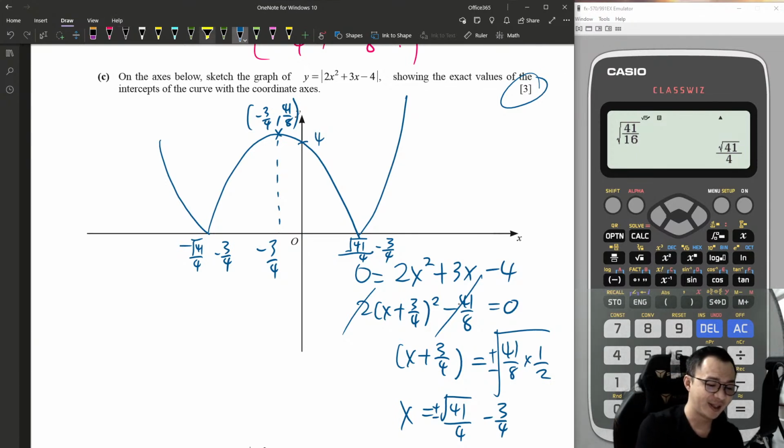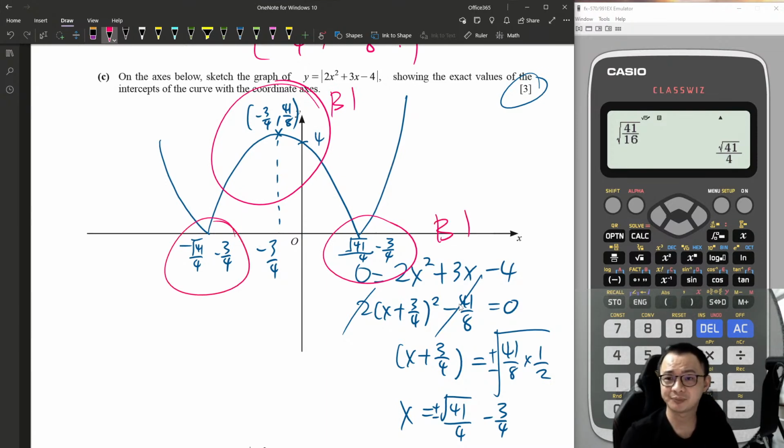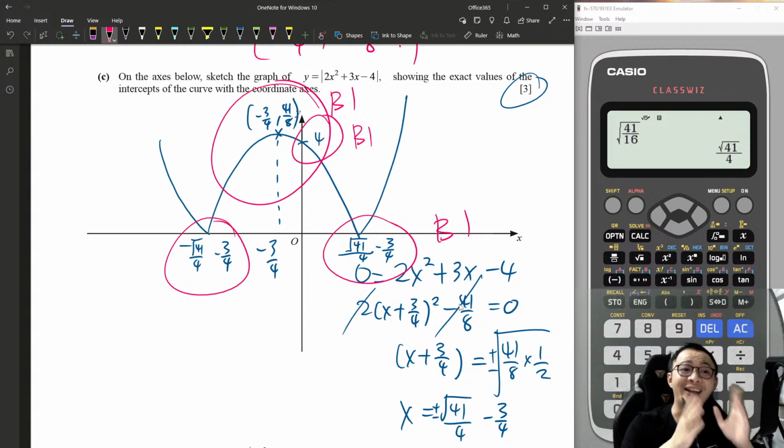As long as your vertex is in the second quadrant, you will get B1. And if both intercept values are correct, you will get another B1. And if the y-intercept is correct, you will get another B1. So they don't really care whether you mention the vertex point or not, but your vertex point must be in the right quadrant, which is the second quadrant here.